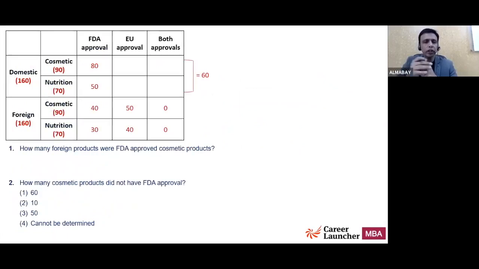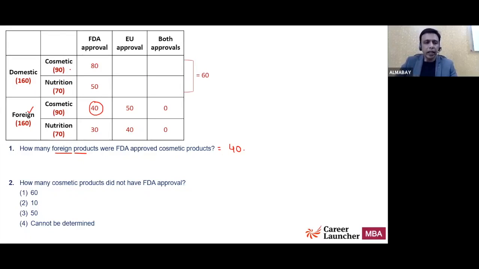Now going by the questions, how many foreign products were FDA approved cosmetic products? Foreign, FDA approved cosmetic. So definitely would have gone by the option as 40. Again, was a data question, so should have marked 40 as an answer. Second one, cosmetic products did not have FDA approval.